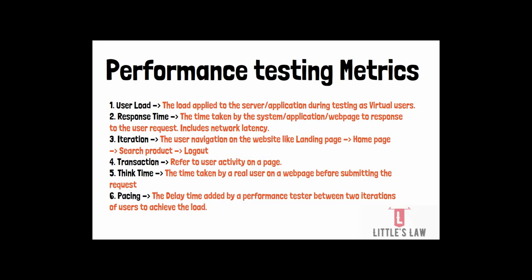So these are the six major factors or metrics which we handle with performance testing and Little's Law. The first one is the user load, the second is the response time, the third is the iteration, the fourth is the transaction, the fifth is the think time, and the sixth is the pacing.